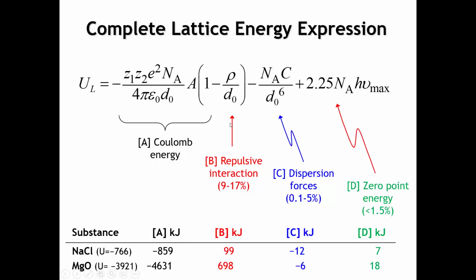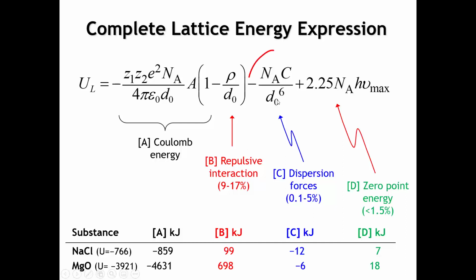Then we had added in the repulsive interaction, right? And that depends on the compound, but it should be somewhere between maybe, here I'm saying, 9 to 17% of the Coulomb energy.